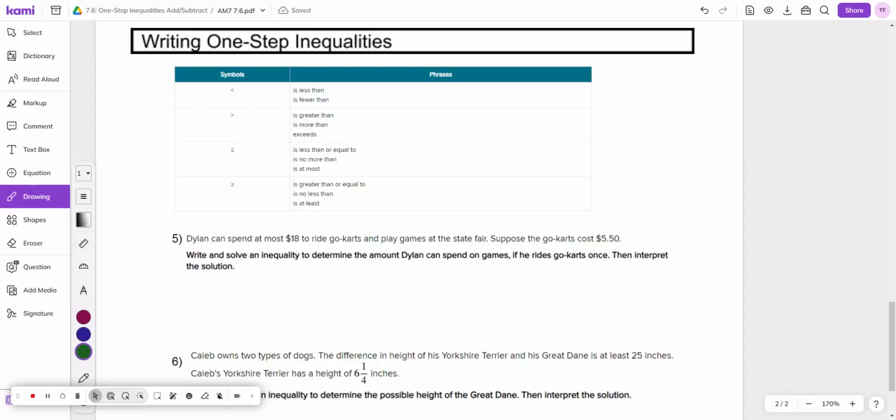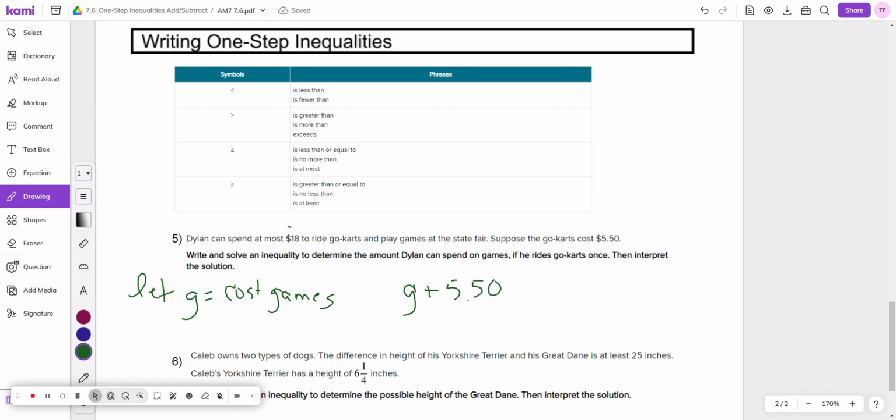So that would be, let's write a let statement. Let G equal the cost of games. So G plus the cost of the go-karts, which is $5.50.